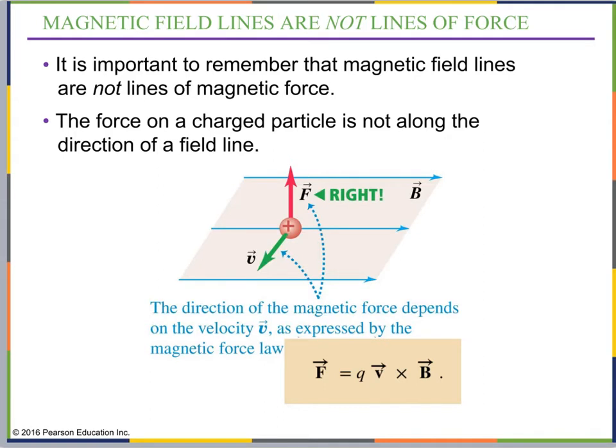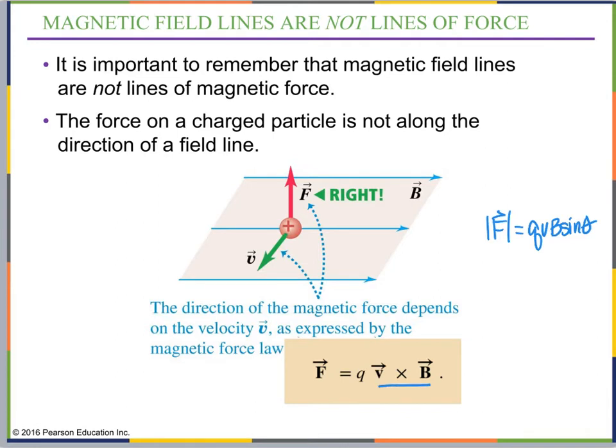If we want to express this expression in terms of the vector product, so in the previous slide, we were just talking about how big the force was. We weren't really talking about the direction of it. But to understand the direction of the force due to the magnetic field, we have to use the cross product. It's a cross product of the velocity vector and the magnetic field.